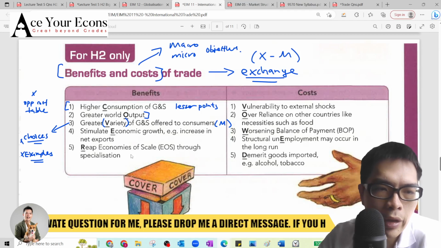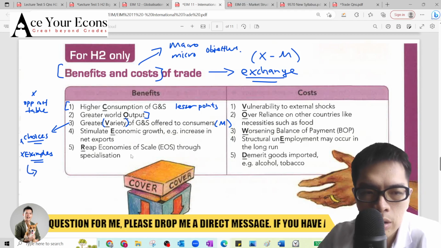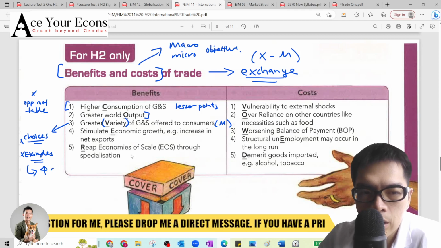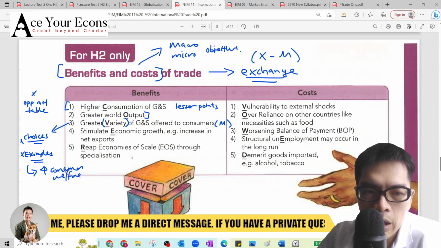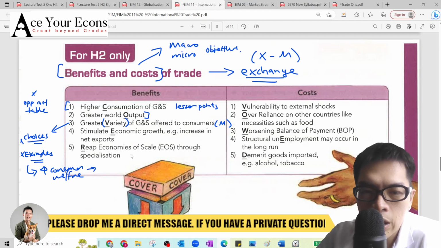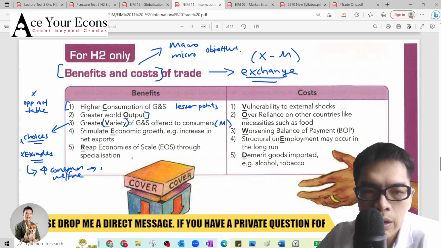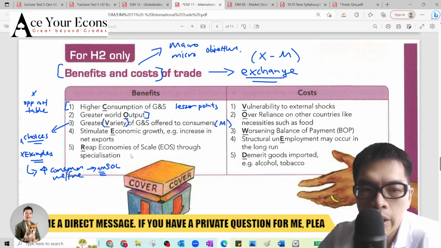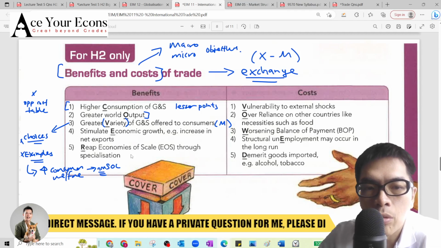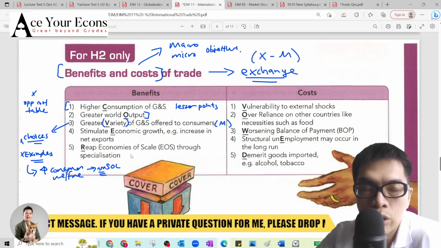Then you can see that when consumers have more choices, this will promote higher consumer welfare, right? And if you want to relate to standard of living, you also can. Material, non-material standard of living. Non-material, right? Because you are theoretically not consuming more goods and services. It's just more choices.